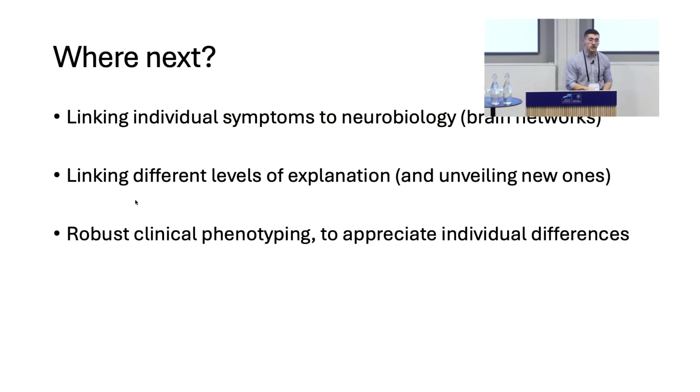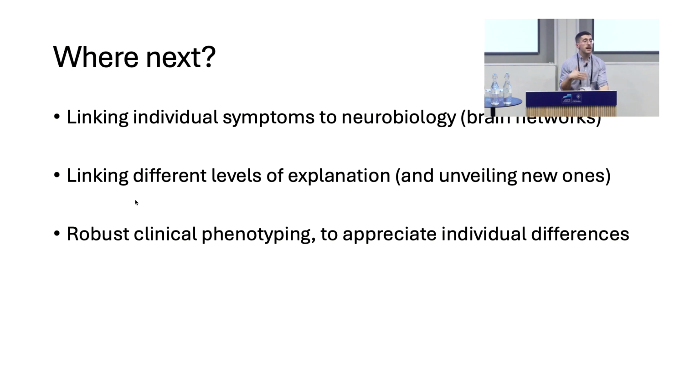So where next? I suppose there are questions about whether individual symptoms can be linked to specific brain regions or, more likely, networks of brain regions. For example, could cognitive abnormalities be linked to abnormalities in the dorsolateral or dorsal prefrontal cortex? Could diminished reward processing be particularly linked to connections between the prefrontal cortex and ventral striatum? As I touched on in the previous slide, different accounts of depression, neuroanatomical, neurochemical, neuroendocrine, will need to be integrated into more parsimonious accounts.